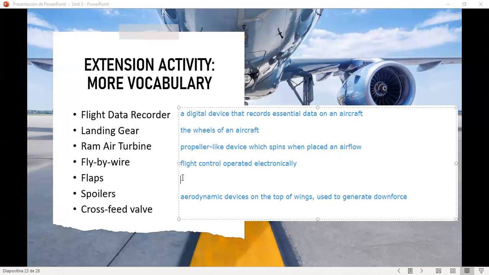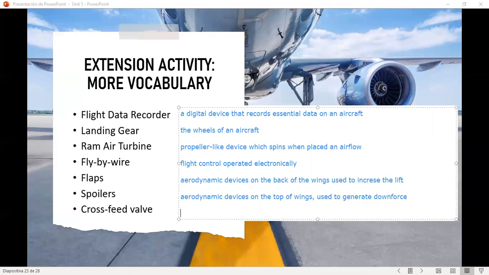And the flaps were also aerodynamic devices, but these devices are on the back of the wing. It's in the same place, but below. And it's used to increase the lift. They are the ones you see on the wings that go down and then the plane goes up.